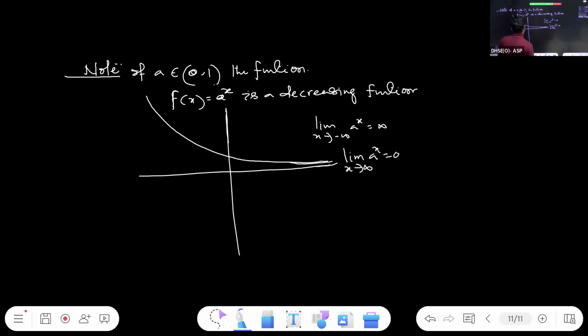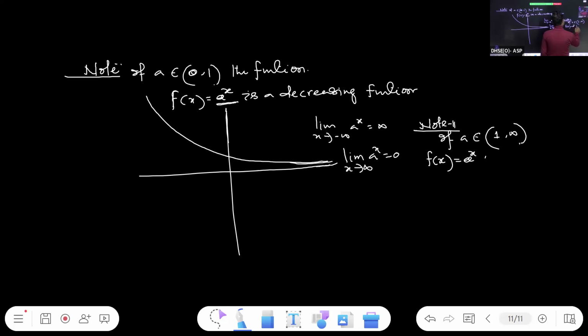This is the graph of a raised to the power x when a lies in the interval 0 to 1. The function is a decreasing function. Note point 2: if a belongs to 1 to infinity, f of x is equal to a raised to the power x is an increasing function.